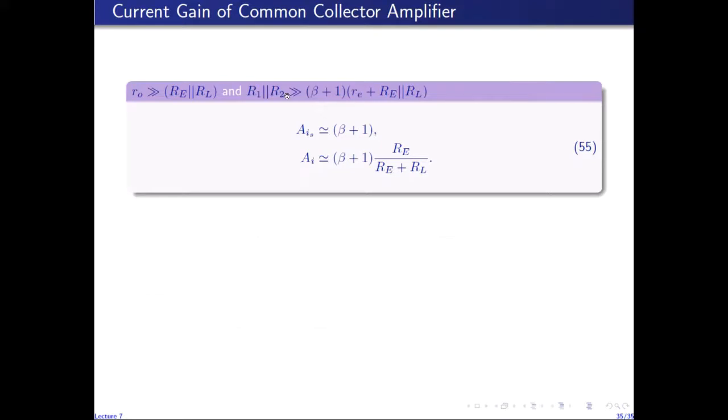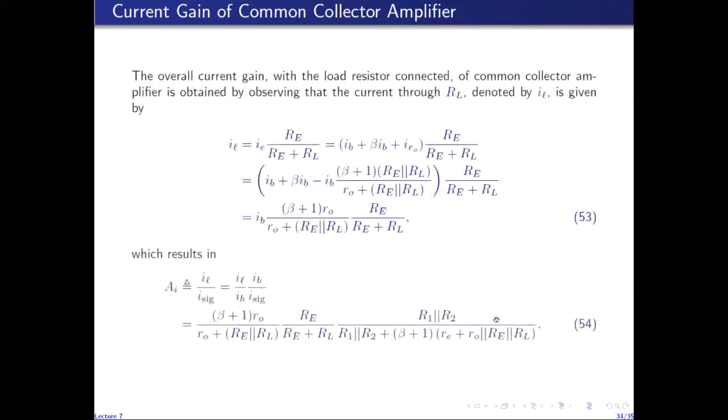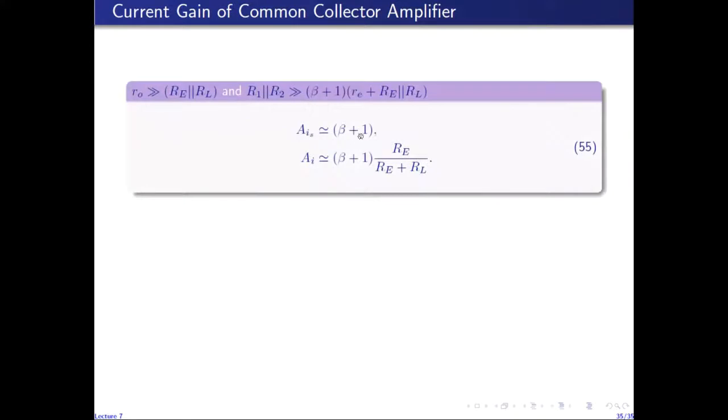If so, then it is definitely much greater than beta plus 1 times small re, because small re is less than this resistance. So the numerator can be approximated by beta plus 1 times small re. Re gets cancelled with the re in the denominator, and we get the short circuit current gain as beta plus 1.